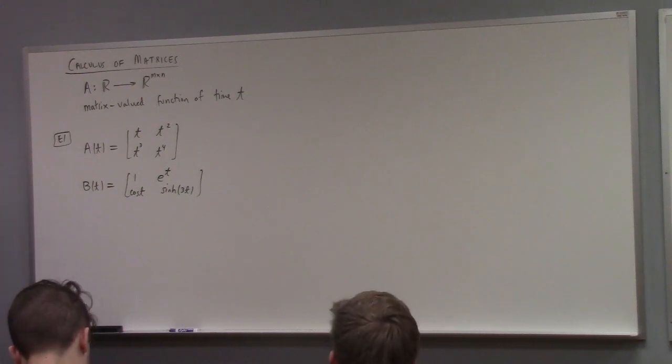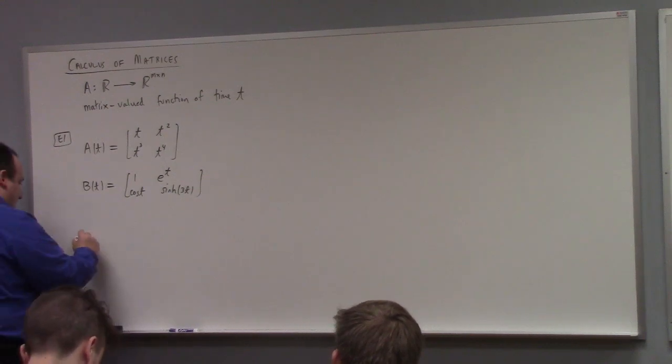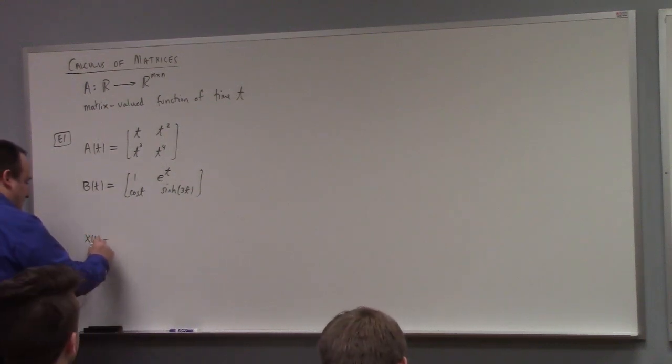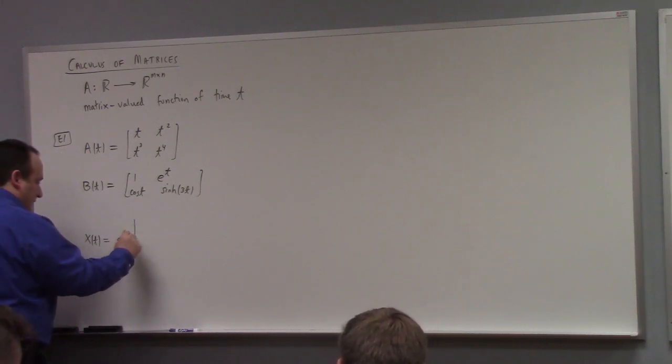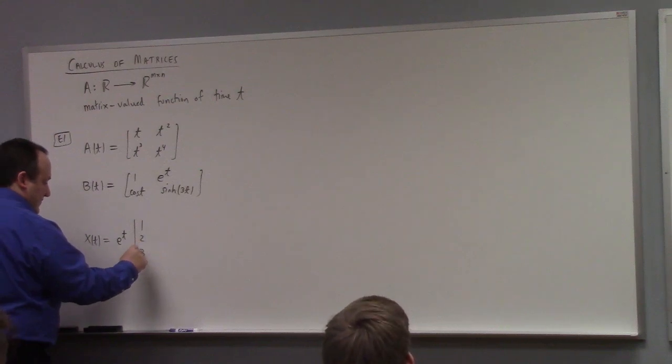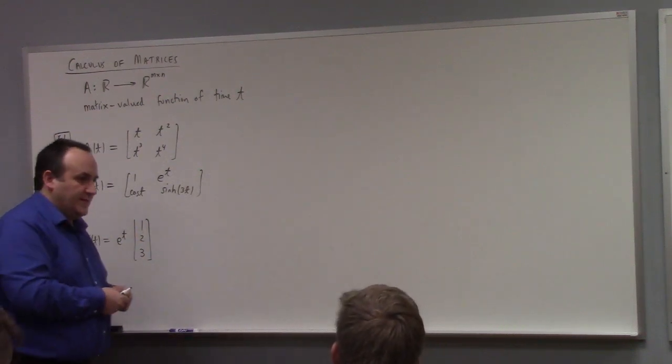The matrices don't have to be 2 by 2. It's just my example so far. We could also have something like this. X of t is, say, e to the t times 1, 2, 3, something like this. Could be the kind of thing I'm talking about.